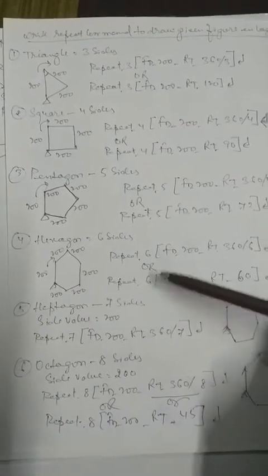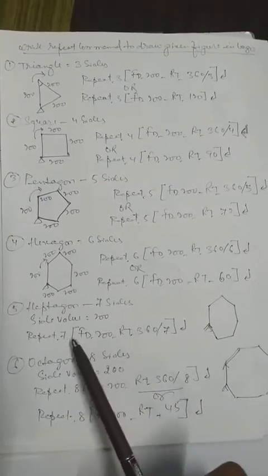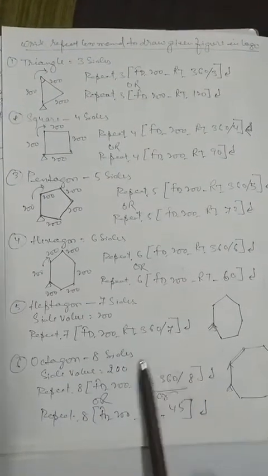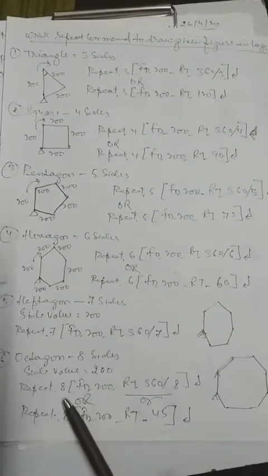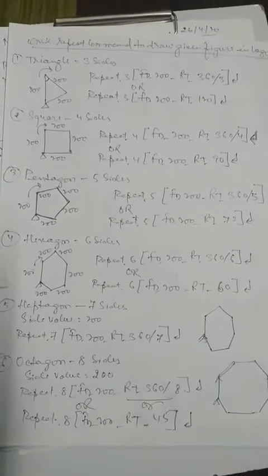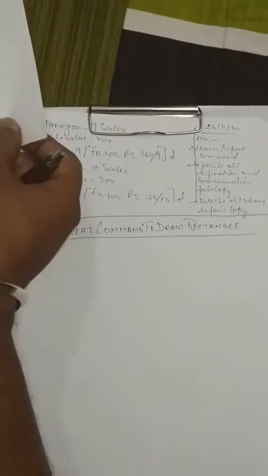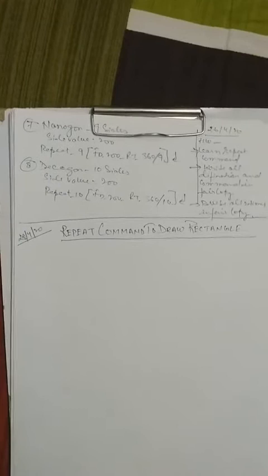Heptagon, 7 sides. So 7 turns, repeat 7 FD 200 RT 360 by 7. Octagon, 8 sides, repeat 8 FD 200 RT 360 by 8. As many sides as there are, that many turns are here. So my dear children, now I would like to teach you one new figure.